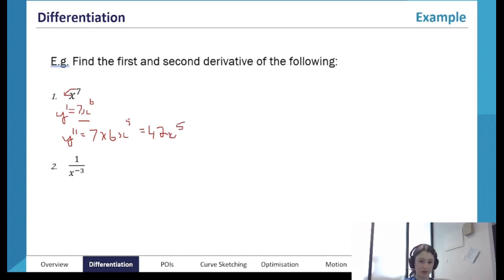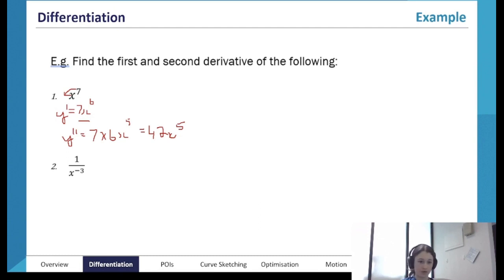Now, in this second question here, we're going to need to find the first and second derivative. This one is a little bit more complicated because we have our x on the denominator of a fraction. A tip, which I haven't written down on these slides here, for you guys in general when you're deriving and also when you get to integration: if you are deriving or integrating a function where x is on the denominator, you need to apply your index rules to get it up to the numerator, to get it in a format that you can derive or integrate.